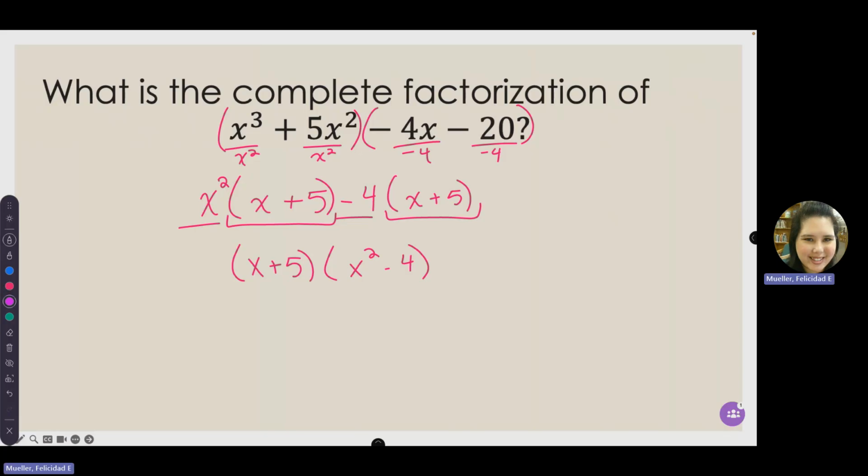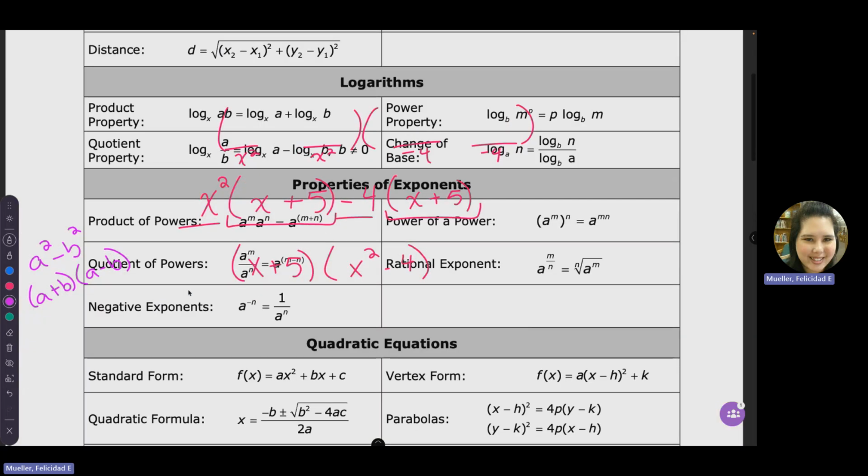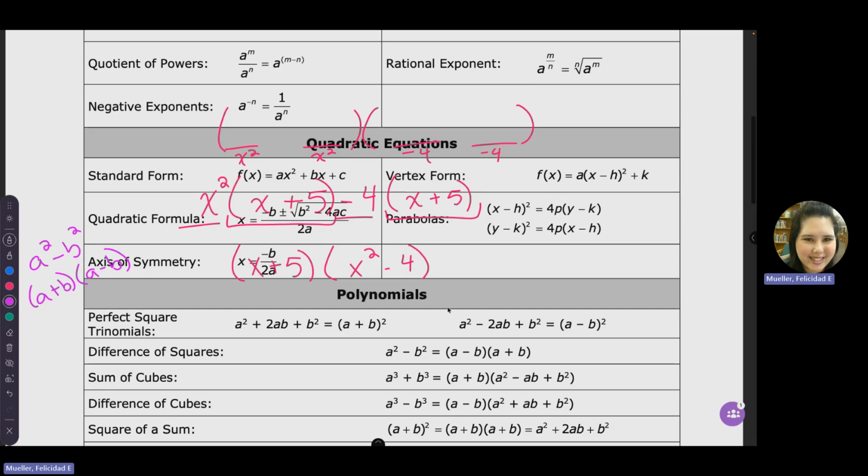And I'm going to remind you that they do have a favorite factoring technique. a squared minus b squared is a plus b times a minus b. Even if you're not going to memorize it, you need to recognize it. Because if you go to the formula chart and I scroll down here, under polynomials, it gives you the formula of a squared minus b squared.